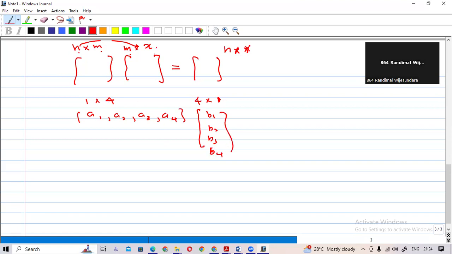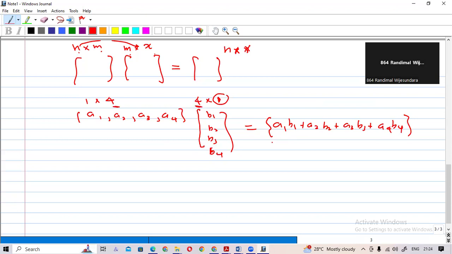N by m, m by any value. But this m should be equal, otherwise we can't do the matrix multiplication. Then the resultant matrix will be A1 B1 plus A2 B2 plus A3 B3 plus A4 B4.